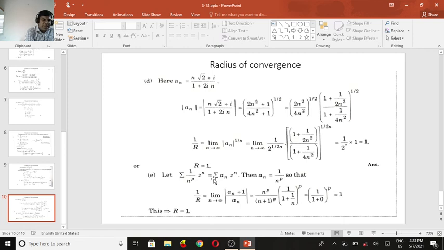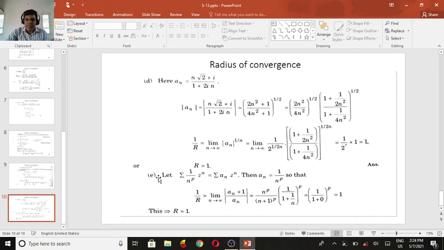Taking n power p common, n to the p gets cancelled. Again 1 divided by (1 plus 1 by n) whole raised to p, which tends to 1 divided by 1 to the power of p. Again 1 divided by 1 is 1. Here r is finite.